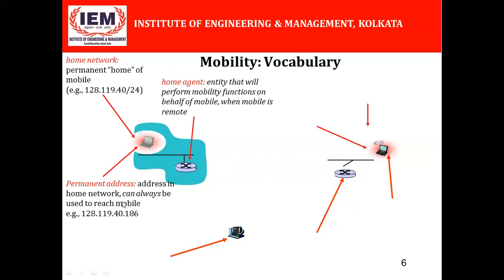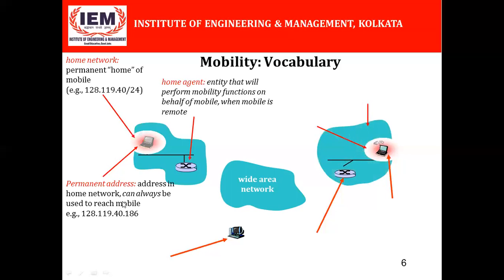This is the permanent address, okay, under the home network. Next to that, I want to tell you about the wide area network, because already I have mentioned the main application in wireless WAN. So it may be connected over wireless WAN.